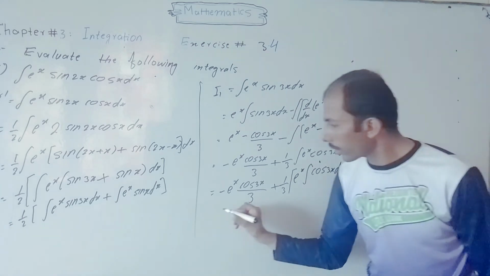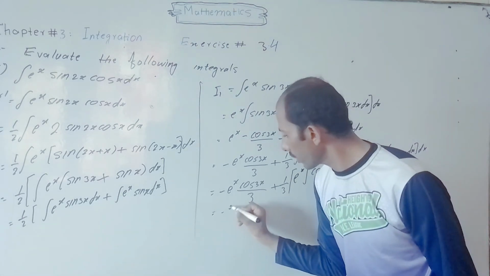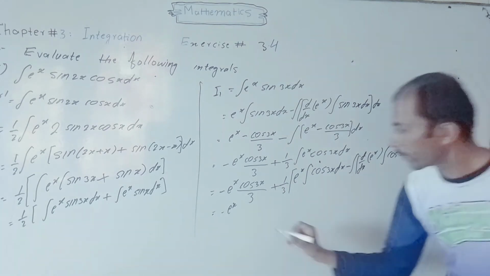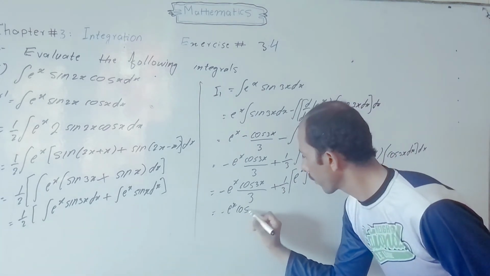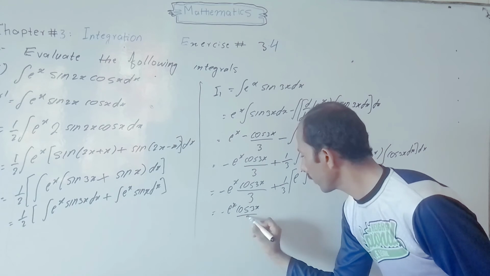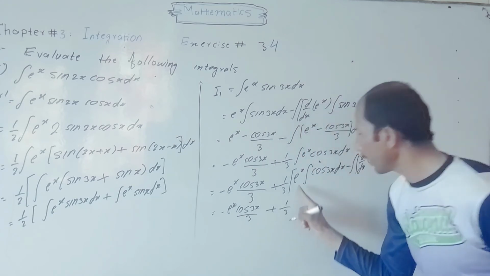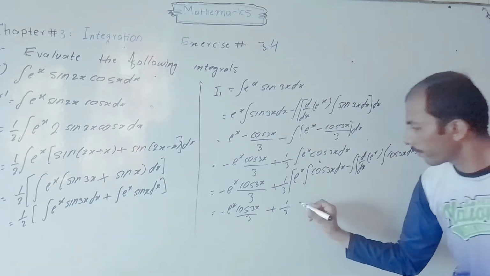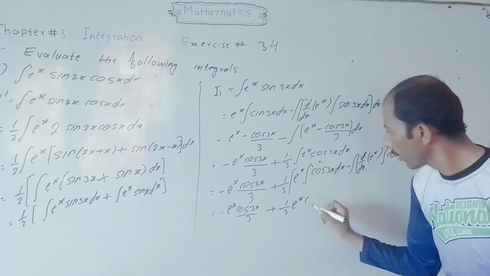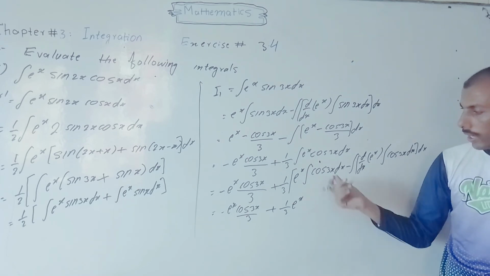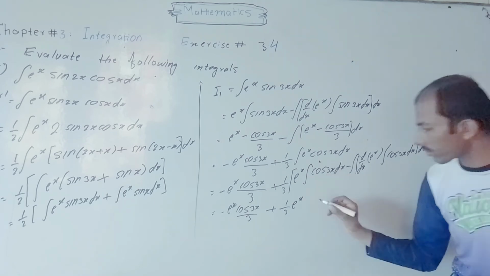so which is equal to minus e power x cos 3x divided by 3 plus 1 divided by 3 e power x, integration of cos 3x is equal to sin 3x divided by 3.